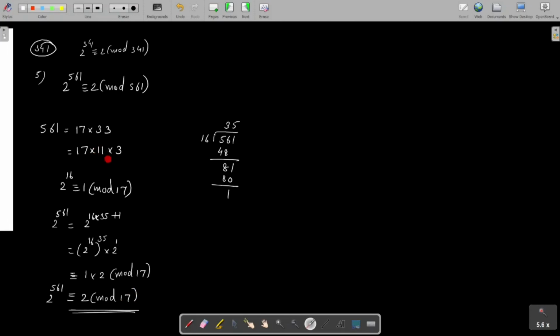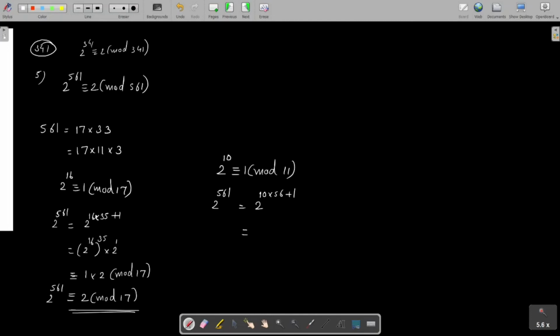Now similarly we need to consider 11. Since 11 is a prime, you may write 2 raised to 11 minus 1. That is 2 raised to 10 is congruent to 1 mod 11. But what we need is 2 raised to 561. This may be written as 2 raised to 10 into 56 plus 1. We wrote 561 as 10 into 56 plus 1.